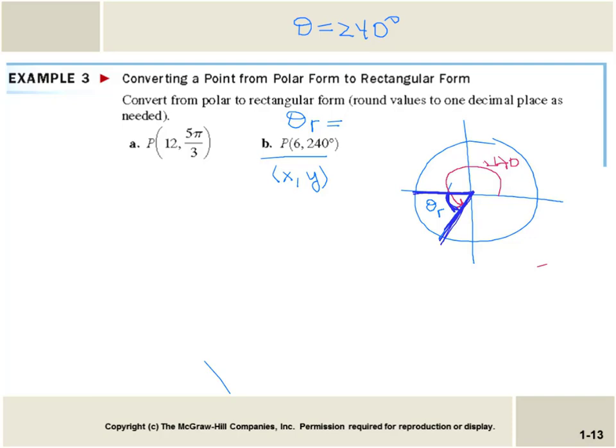Okay, what don't you get? The reference angle is the angle that the terminal side makes with the closest x-axis. I don't know a better way to say it. So, if this is 180, we're in degrees now. You have to answer in degrees. If this is 180, and this is 240, what is the reference angle?